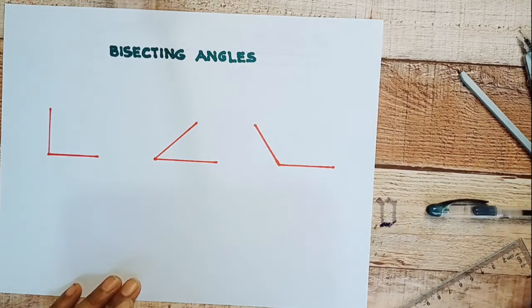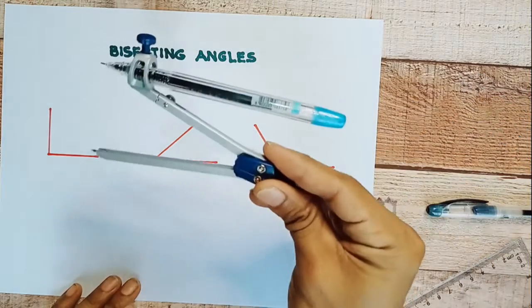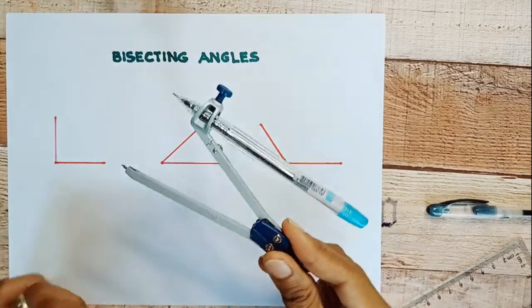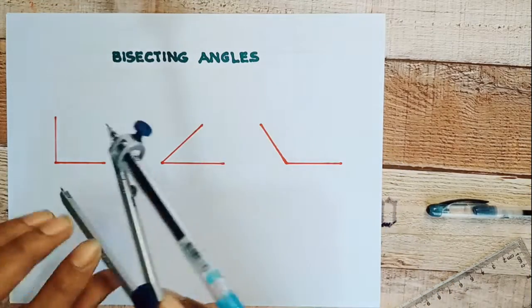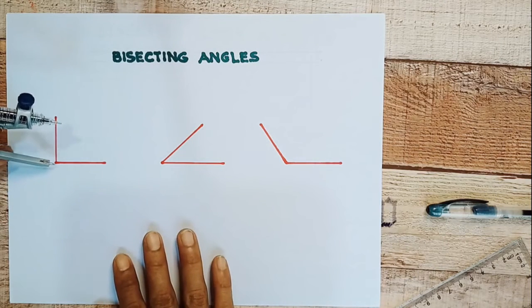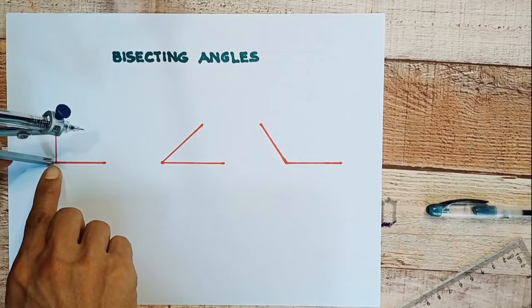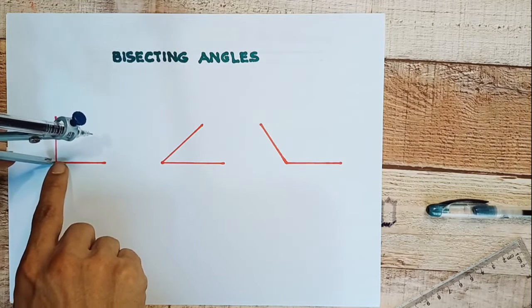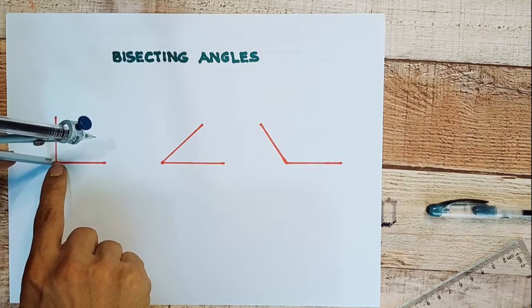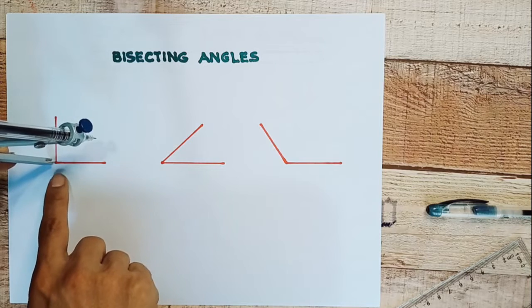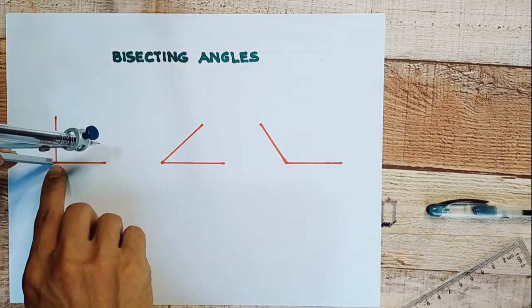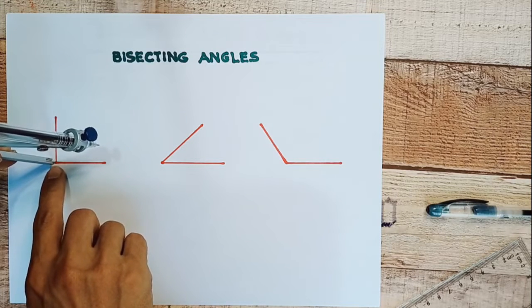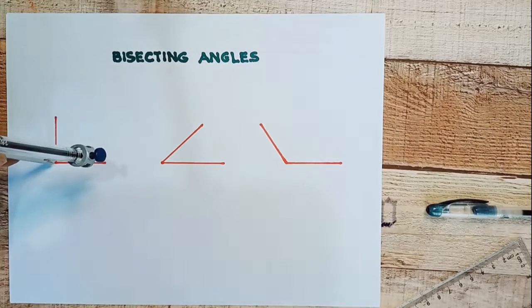So again, using our compass, our needle tip, we're going to position it on the point of intersection or on the angle itself. Here's the angle. So we're going to position our needle there.